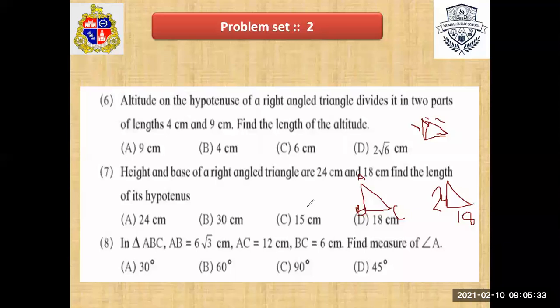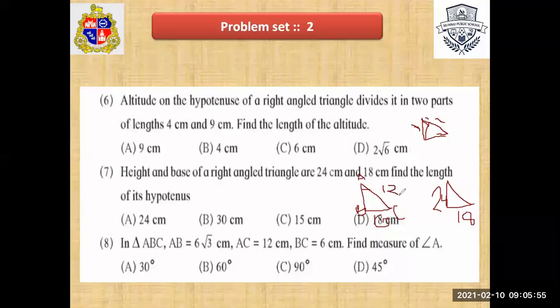So we see two properties, that is the 30, 60, 90 degree theorem, and the second one is the 45, 45 degree theorem. So see, AC is 12 and BC is 6.